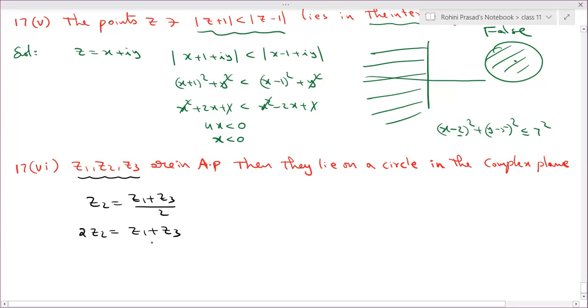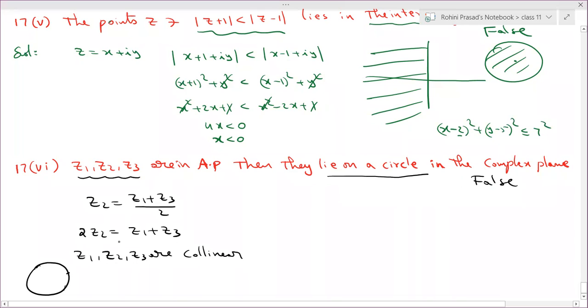This is possible only if Z1, Z2, Z3 are collinear. If they are lying on the same line, then only it is possible. If they are lying on the same line, they can't be on a circle. If you take any 3 points on a circle, they can't be collinear. The 3 points on a circle cannot lie on a line. So when they are collinear, they are given to lie on a circle. It's not possible, so it's a wrong statement.